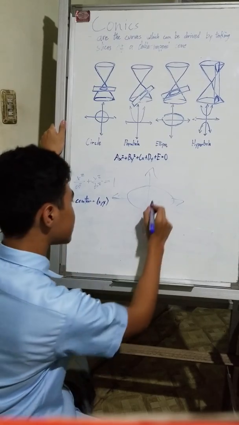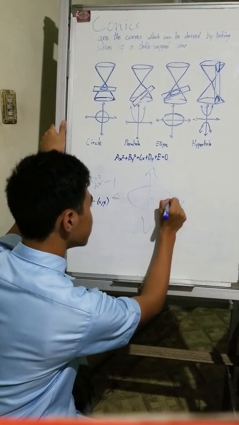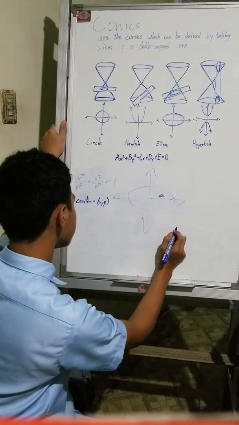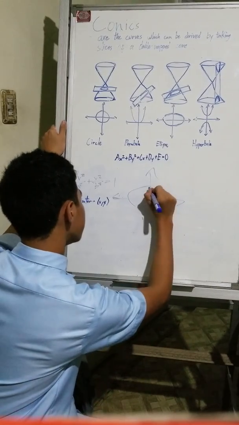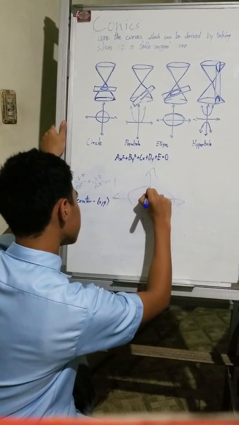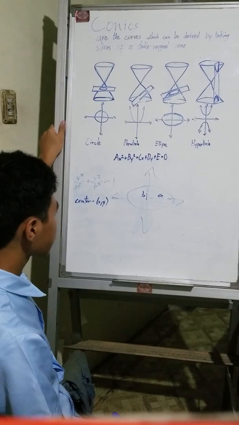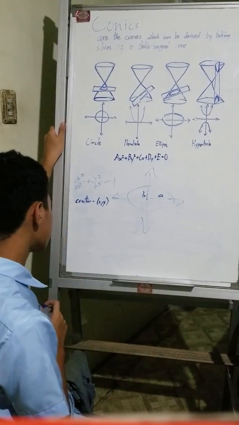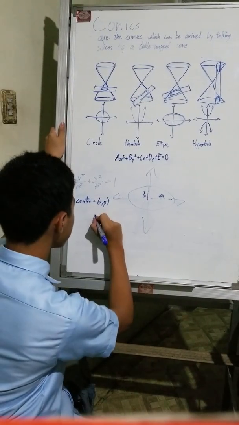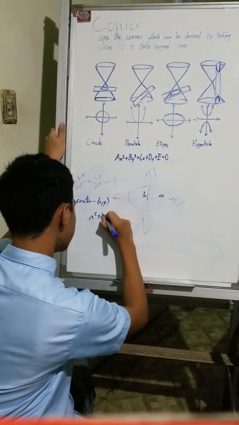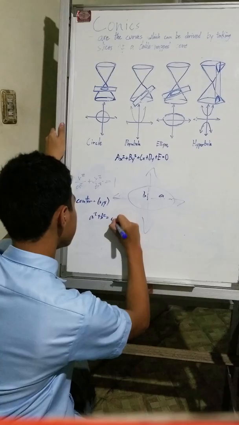So a will be the distance from here, and b will be the distance here. There's also the focus. How do you get the focus? Quite simple. a squared plus b squared equals c squared.